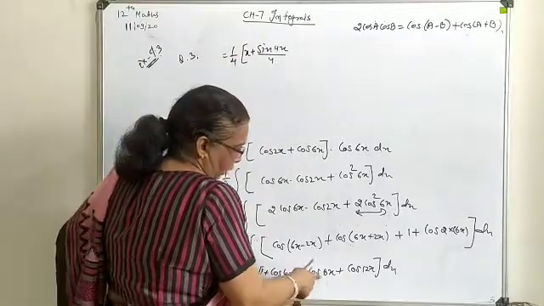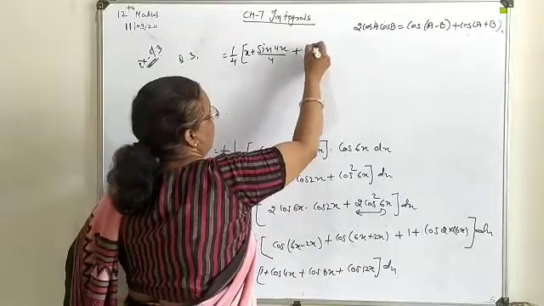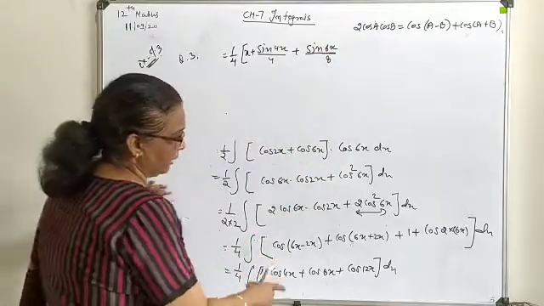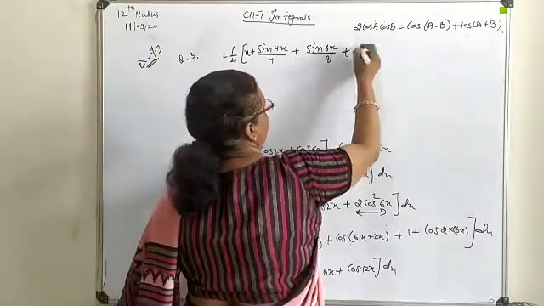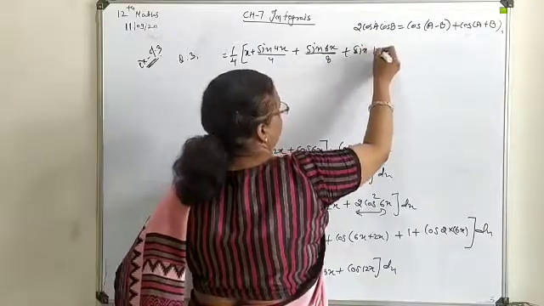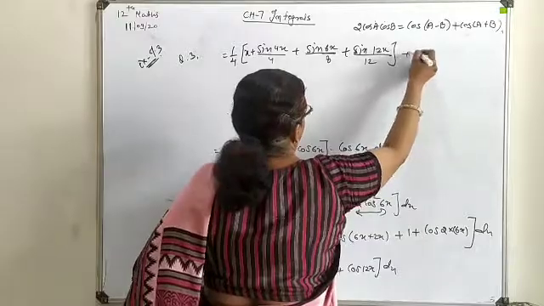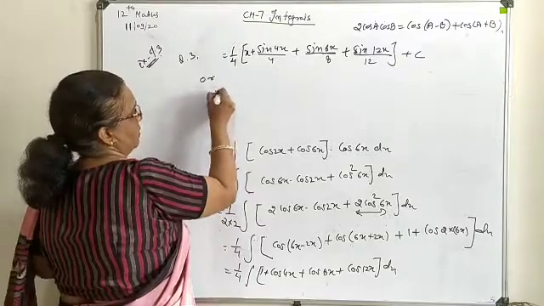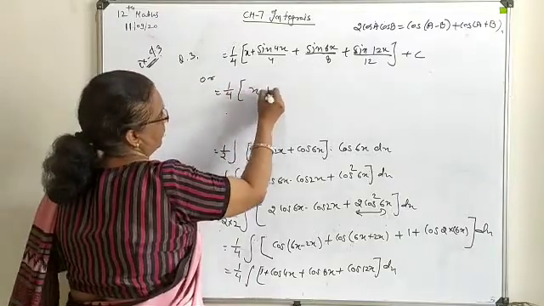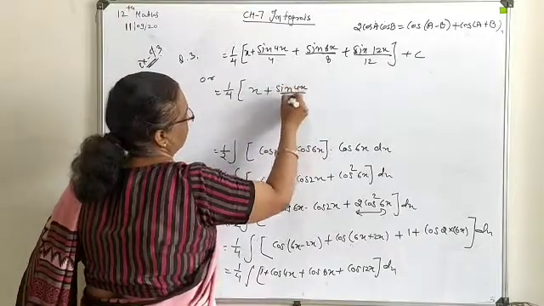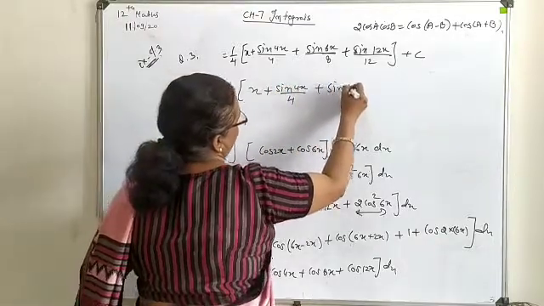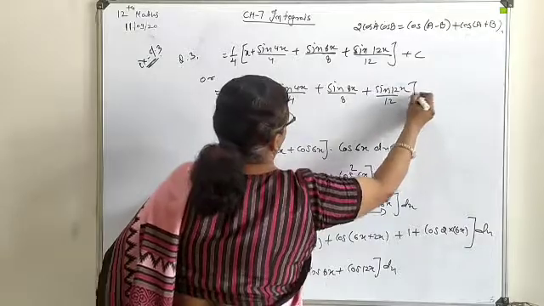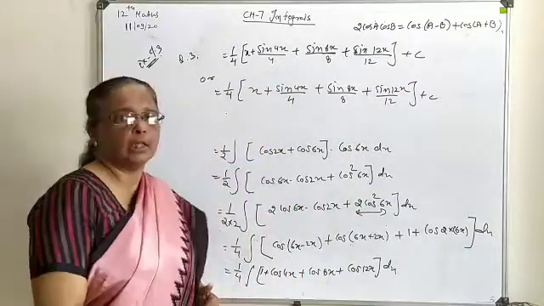Then cos 8x gives sine 8x upon 8, plus sine 12x upon 12. This way you can write the integration. So the final answer is 1 upon 4 times x plus sine 4x upon 4 plus sine 8x upon 8 plus sine 12x upon 12.